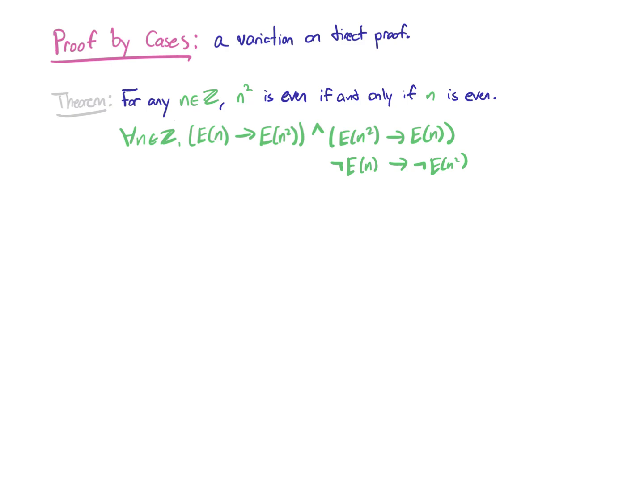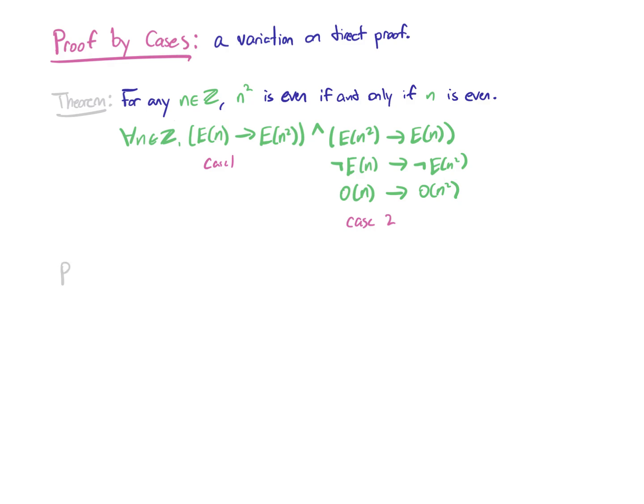And not E, so n is not even, that's the same thing as saying that n is odd. So now I have something that looks more like a situation where I need to think about cases. I'm going to have a case 1 corresponding to n is even, and a case 2 corresponding to n being odd. So with those two cases in mind, let's see if we can prove the statement.